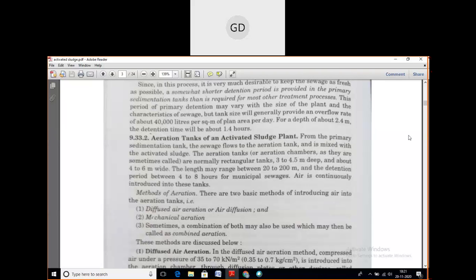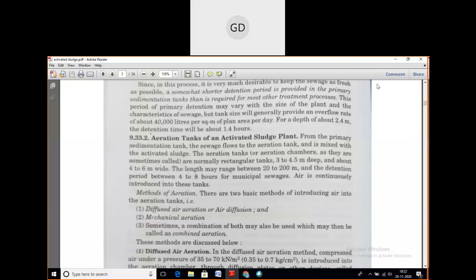The aeration tanks are normally rectangular in shape, and they are 3 to 4.5 meter deep, 4 to 6 meter wide, and the length ranges between 20 to 200 meter, and the detention period is between 4 to 8 hours for municipal sewages.